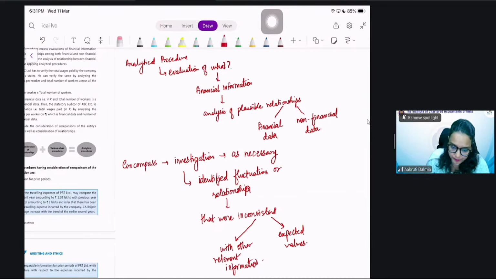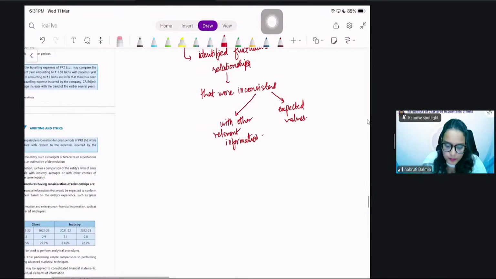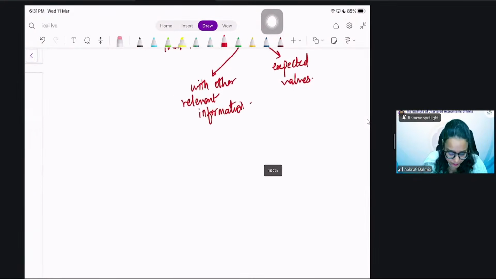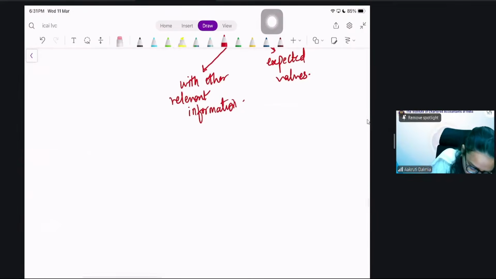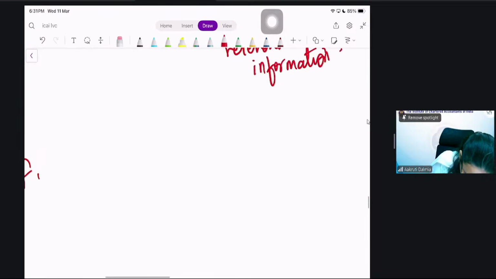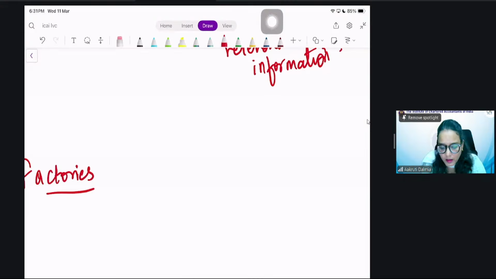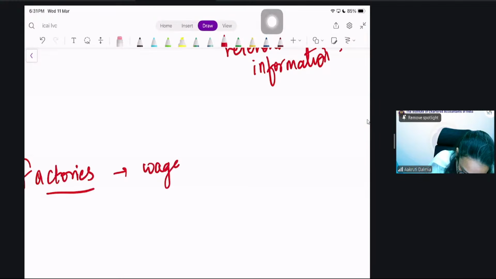Pay attention. Let's say that a company has many factories, a lot of factories, and you are trying to do analytical procedures. So there are wages paid by the company.